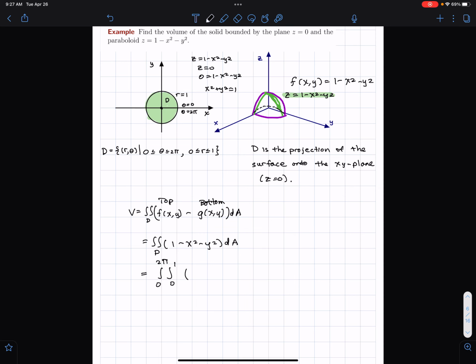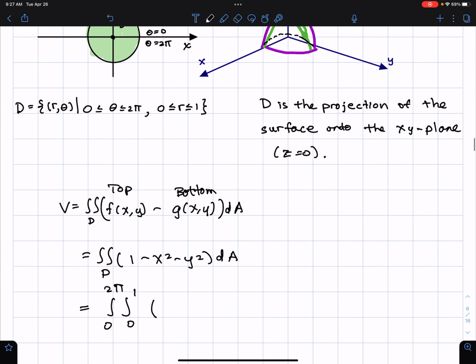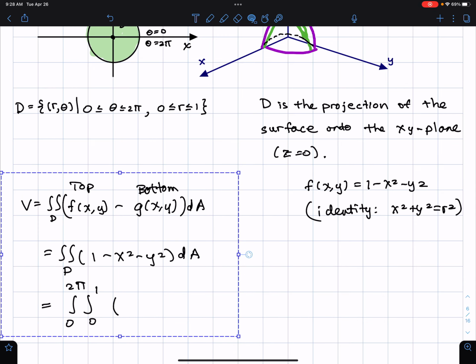For f(x,y) equals 1 minus x squared minus y squared, we have identities that we can use. In particular, x squared plus y squared equals r squared, so this whole thing is equal to 1 minus r squared.